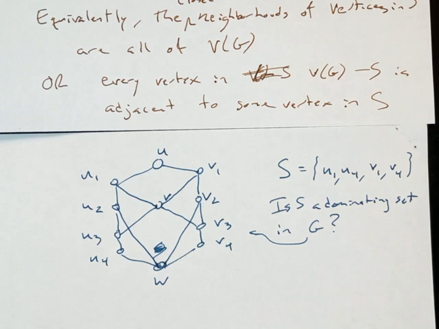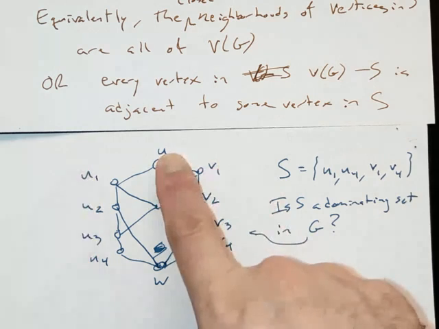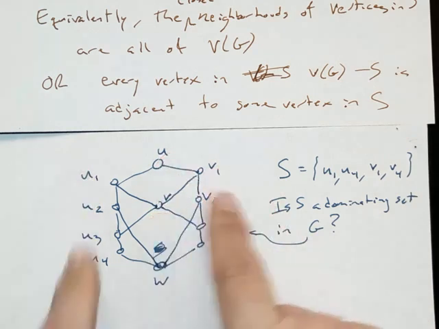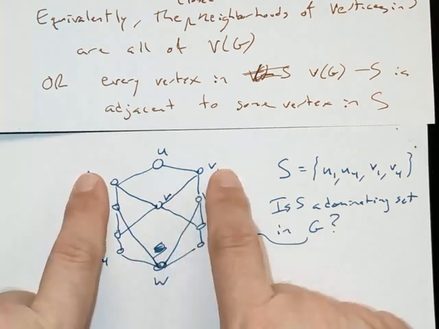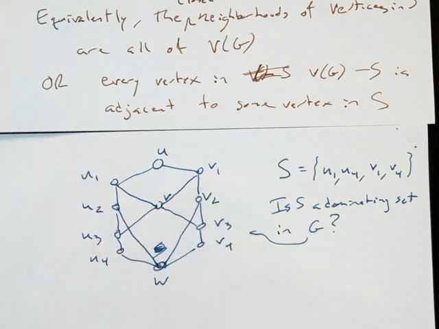Why? So that's these four. They're covered in the neighborhoods of U and V. And then that's all 7 vertices that are outside of the set S. We've dominated everything because every vertex in V of G minus S is adjacent to some vertex in S.